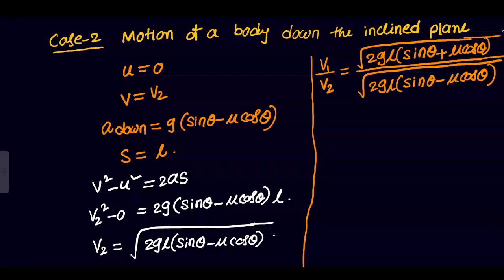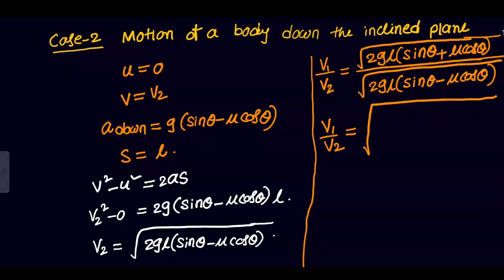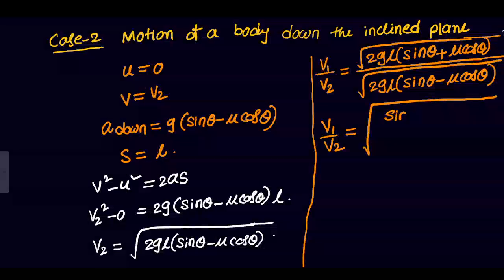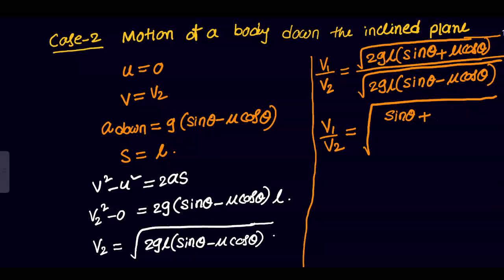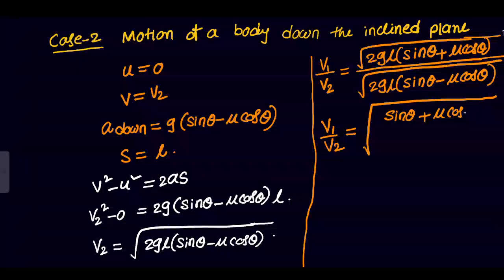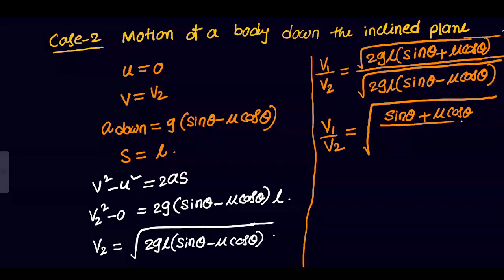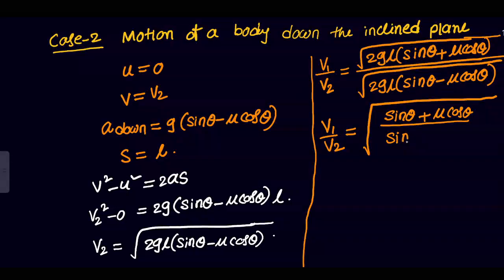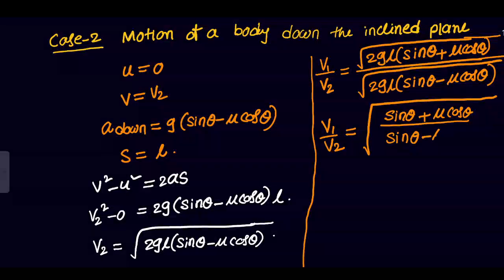Simplify. The 2gL gets cancelled, so we get under root, sin theta plus mu cos theta by sin theta minus mu cos theta.